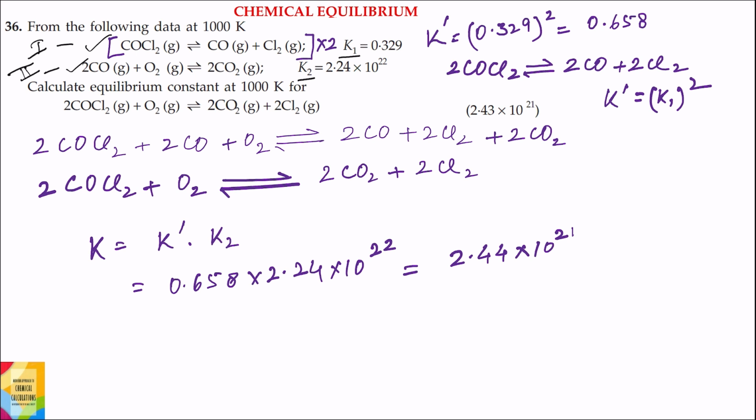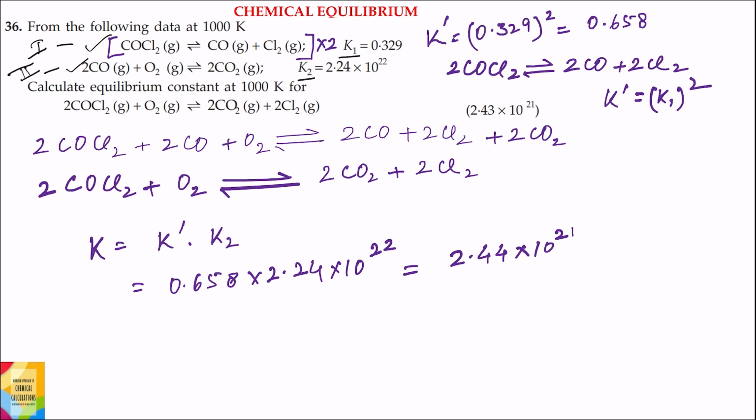Now, first of all, we will multiply equation 1 by 2. When we multiply equation 1 by 2, the equilibrium constant for equation 1 will be raised to the power 2, because the rule is whenever we multiply any equation by any factor, the equilibrium constant for that equation will be raised to the power whose value is the same as the factor with which the whole equation is multiplied.